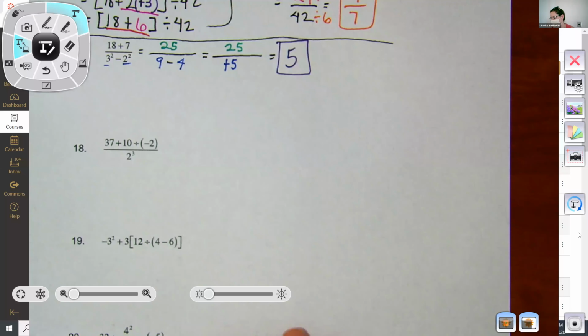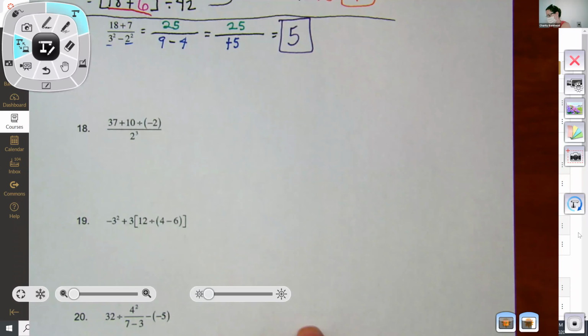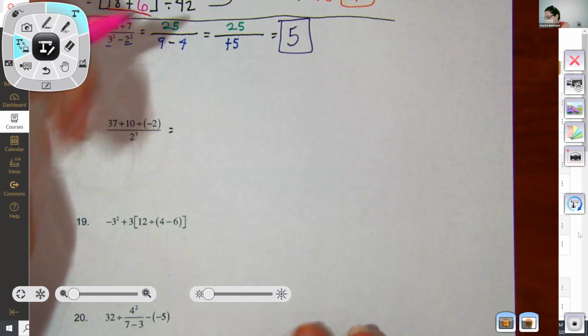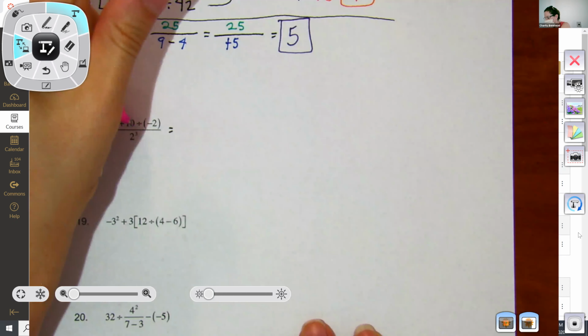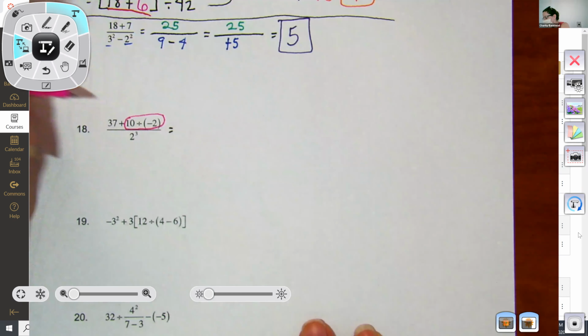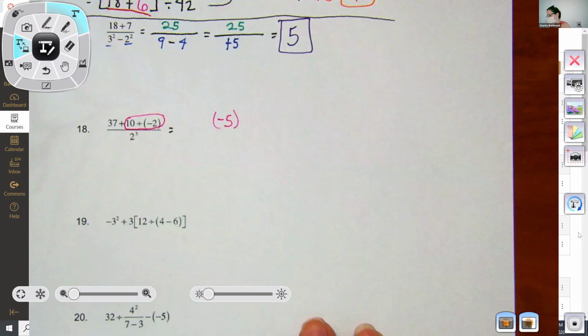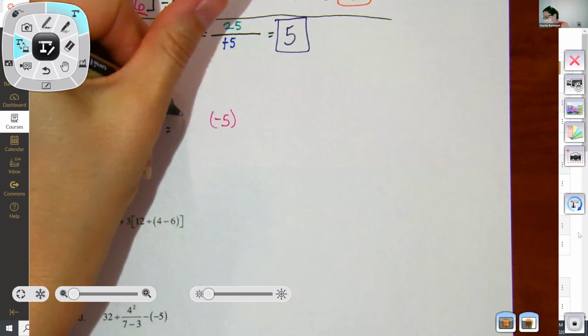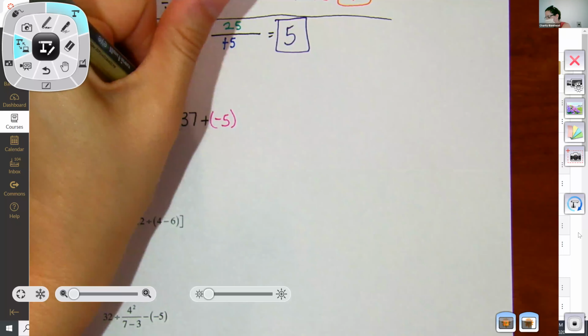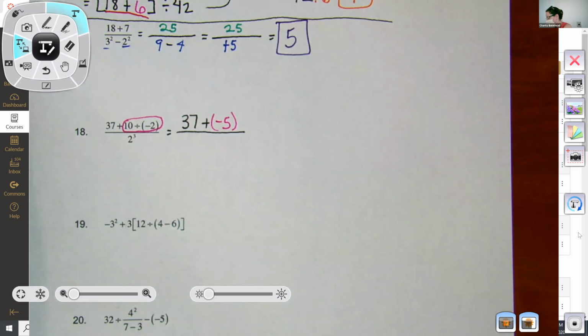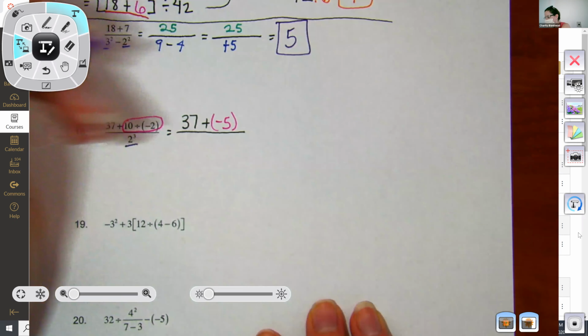All right, number 18. On the numerator, the first thing we need to do is divide. So 10 divided by -2 would be -5. So you have 37 plus -5 over, and we could go ahead and do that one as well. 2 to the 3rd power, 2 times 2 times 2 is 8.